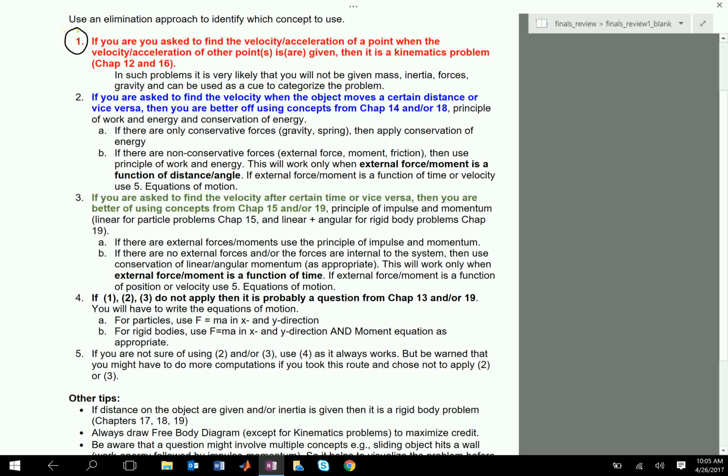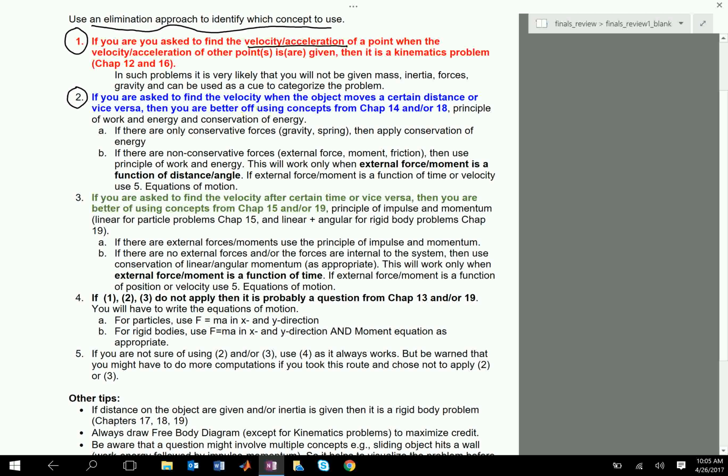This is how I would recommend you solve problems. First, figure out if the problem has only velocity and acceleration to it. If it has, then it is the first two chapters. You don't have to do anything related to kinetics. Now it gets harder when you see that there are forces, given masses, and so on.